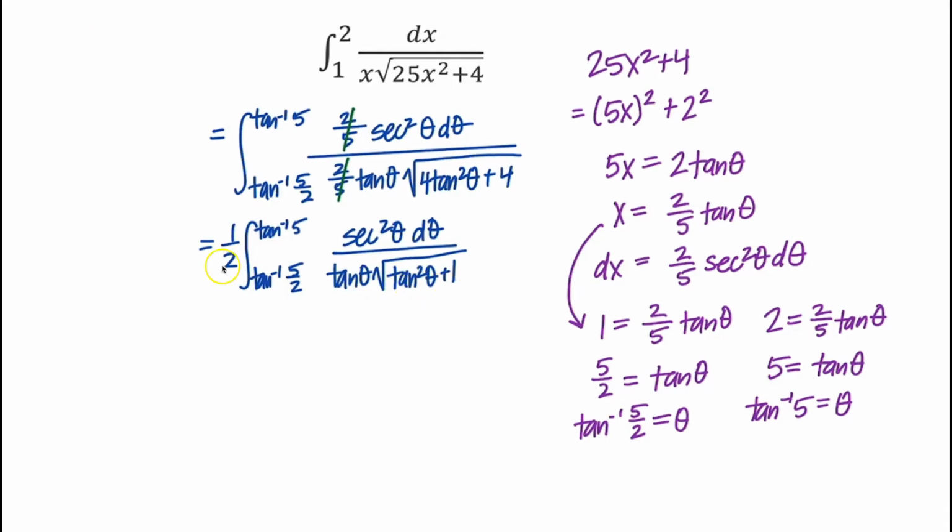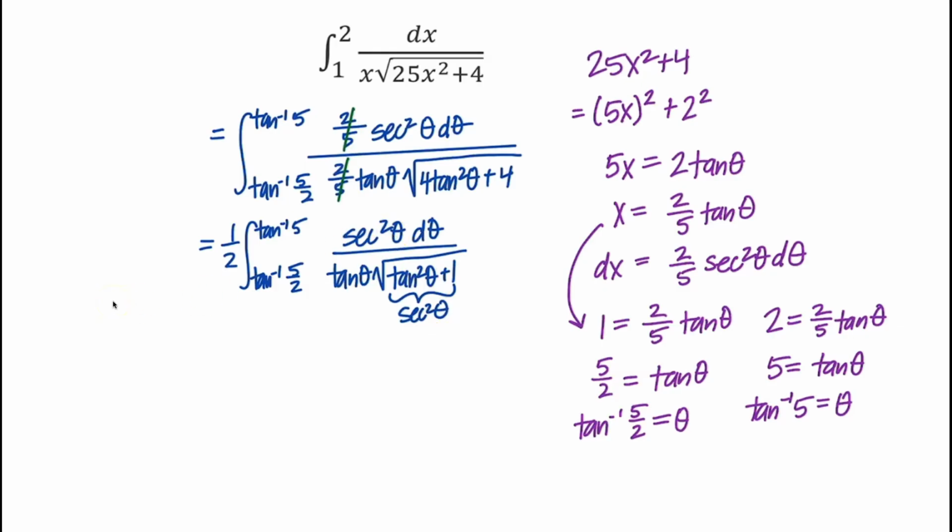Well, tangent squared theta plus 1 is secant squared theta. And we're taking the square root of secant squared. So we are going to have just secant theta. And that's going to cancel with one of the secant thetas up here.